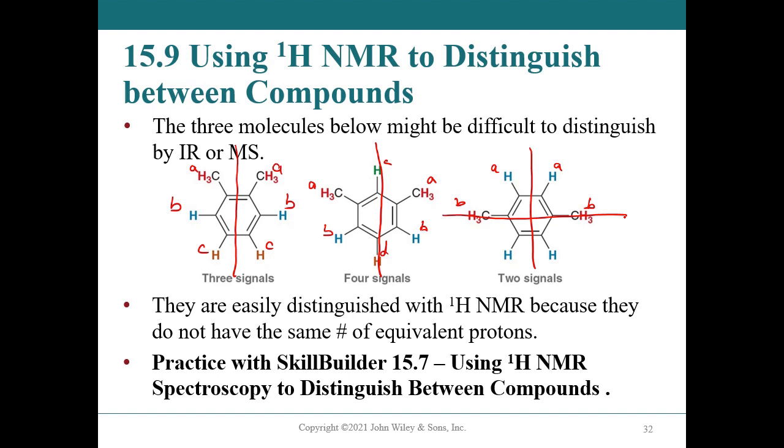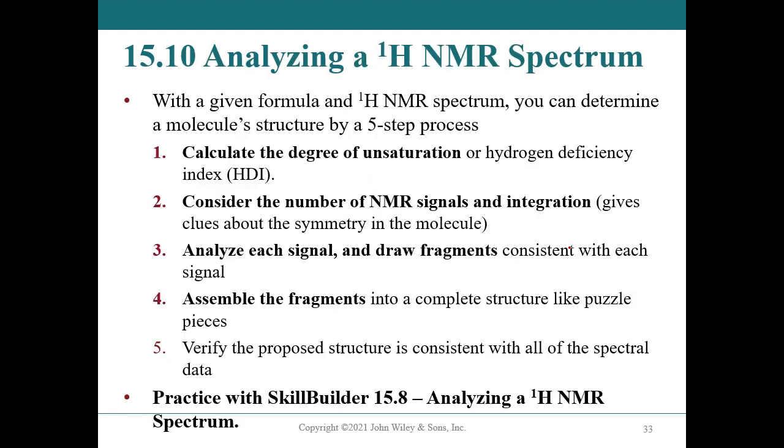So the top halves and bottom halves are equivalent as well. So if the top 2 are A's, the bottom 2 are A's. So we would have only 2 signals. All 4 aromatic hydrogens are equivalent, and then the 2 methyl groups are equivalent. And so NMR can be used in that way when we think about just the number of signals that we would expect in something. All right.